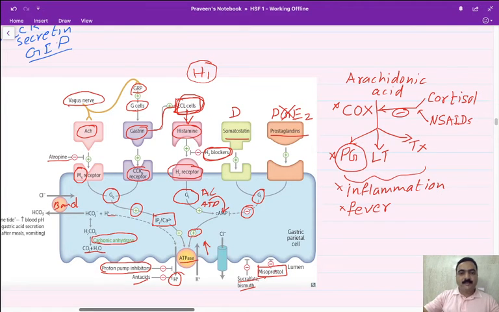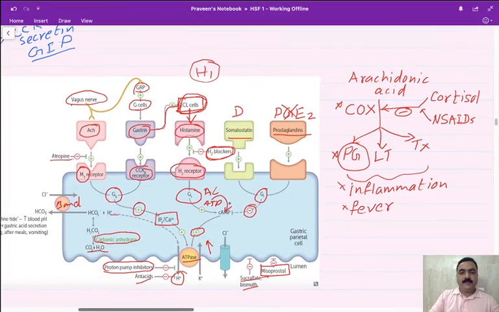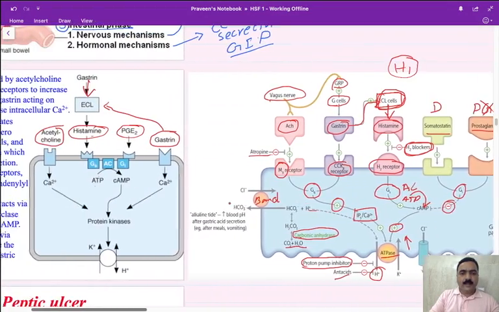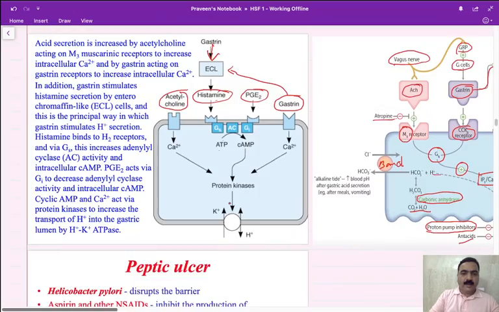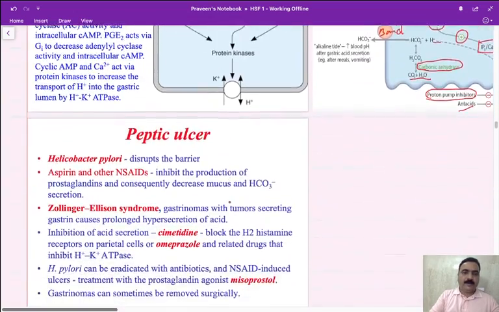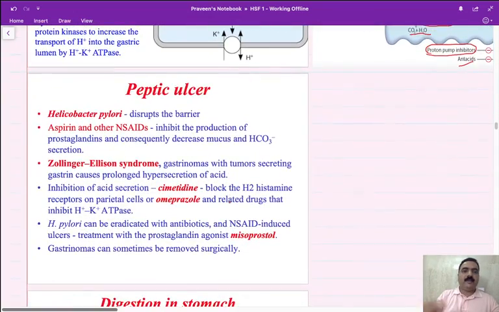They act similar to the prostaglandin, so misoprostol acts as a prostaglandin analog and causes what? Increased mucus production, increased bicarbonate production, and decreased acid production, because it increases the inhibition of the adenylyl cyclase. Okay, so let's see what are the other ways that can cause this peptic ulcer. What are the major ways by which you can cause the peptic ulcer, and what is the treatment approach?